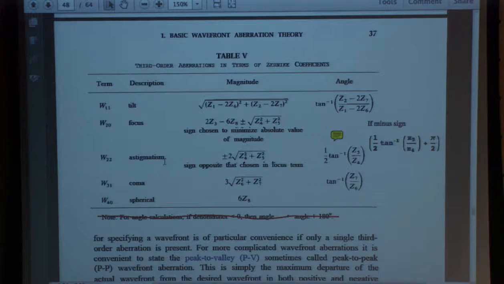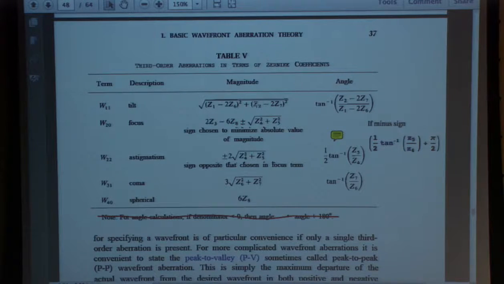And so Z1 through Z6 are the coefficients of the Zernikes. And if I want to calculate how much tilt I have from the Zernikes, this shows the results anyway. You can go through the derivation if you want to.